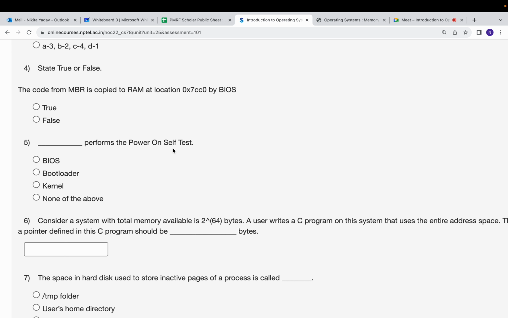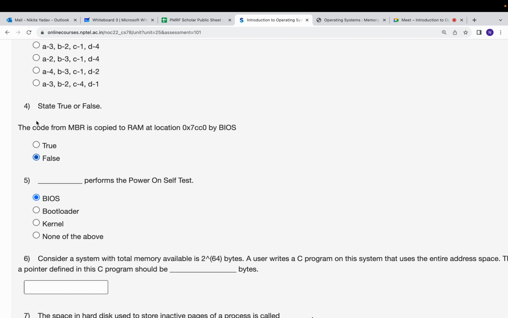So the answer here, any answers? Okay, they got answers as BIOS. Right, so BIOS performs the power on self test. This is false.